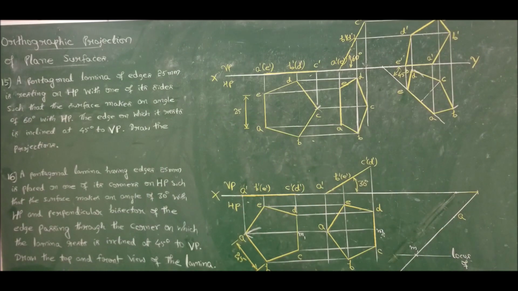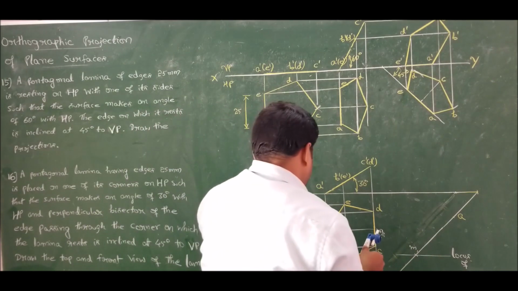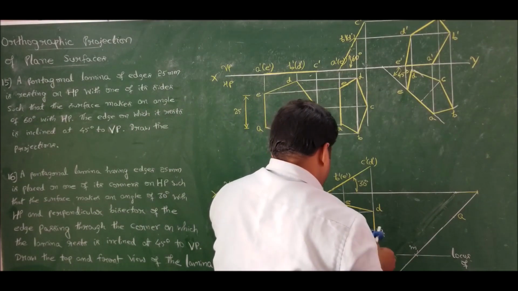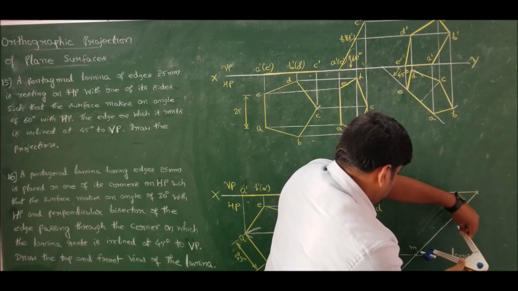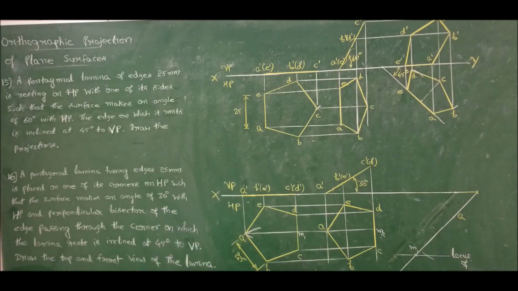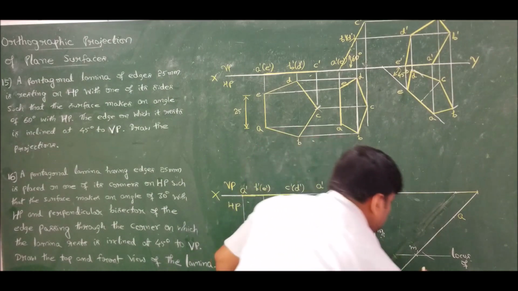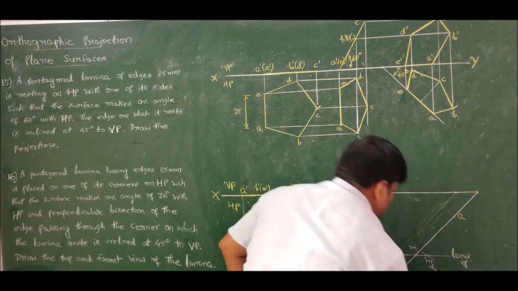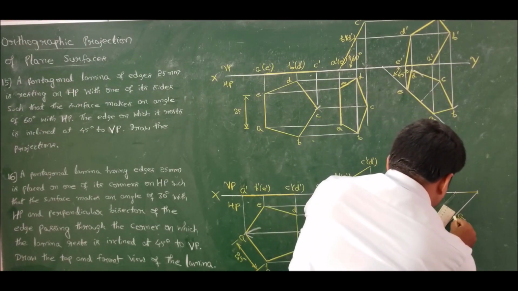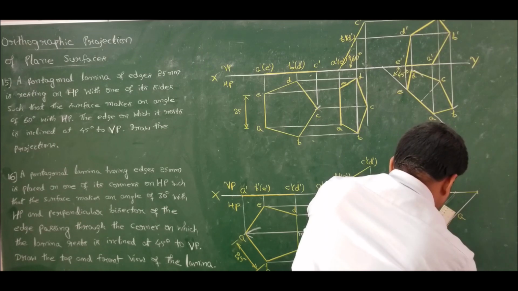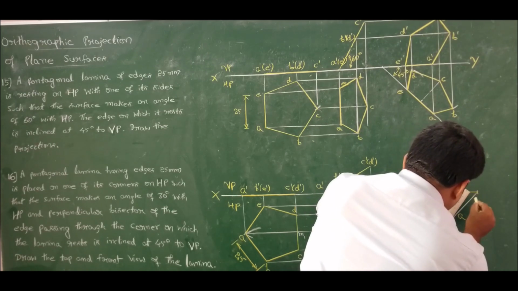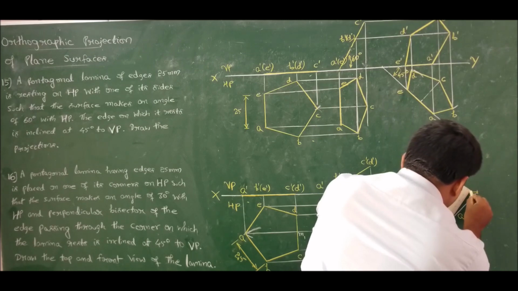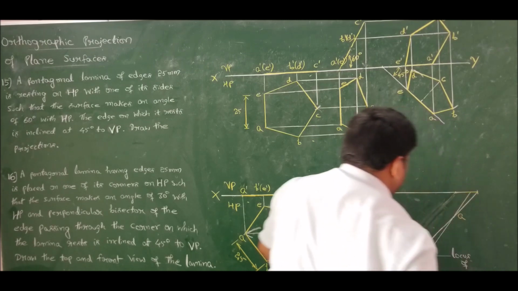Now using compass you measure AM2. Keeping at A, you cut the locus and find M2. So I got M2. Now join these two and extend it back to find the beta angle. AM2 is joined, extend AM2 to cut the XY line.